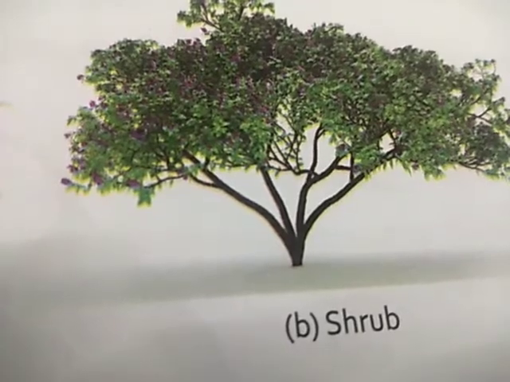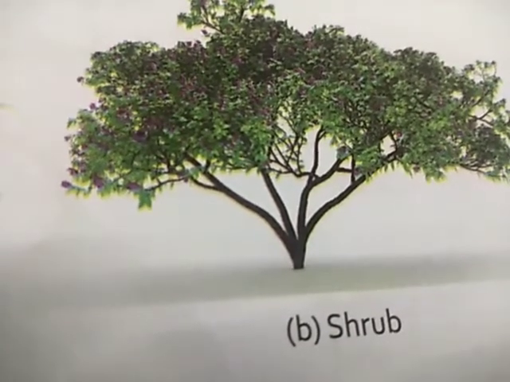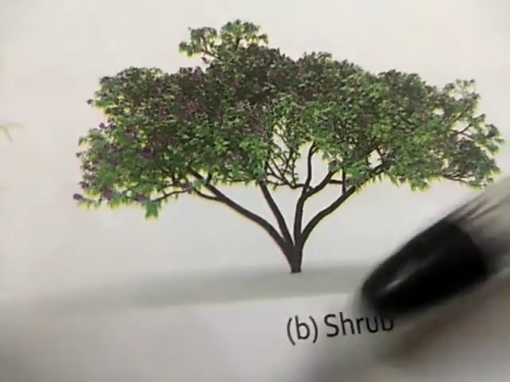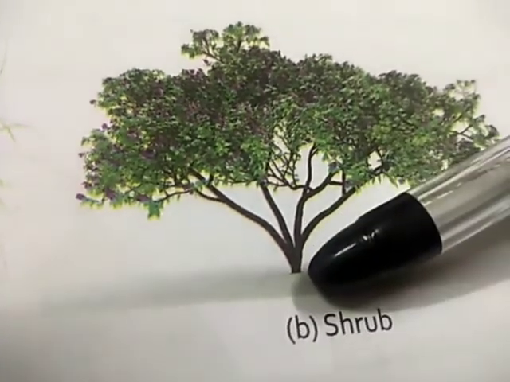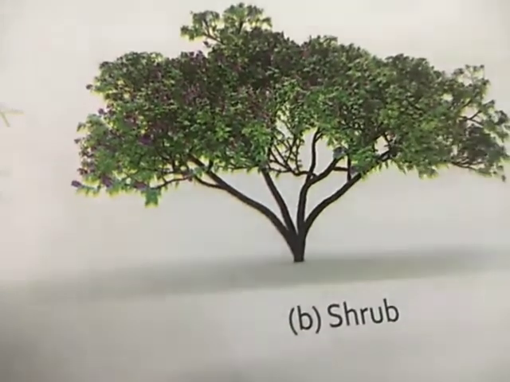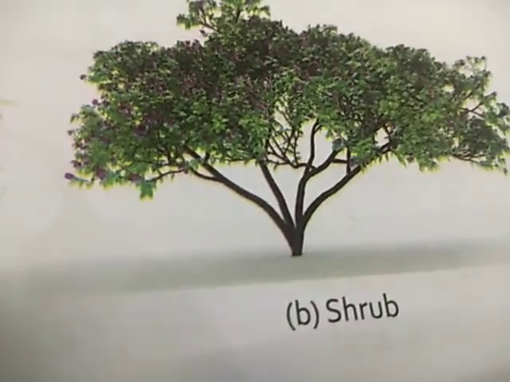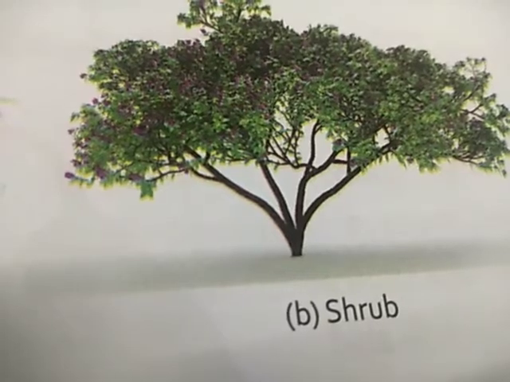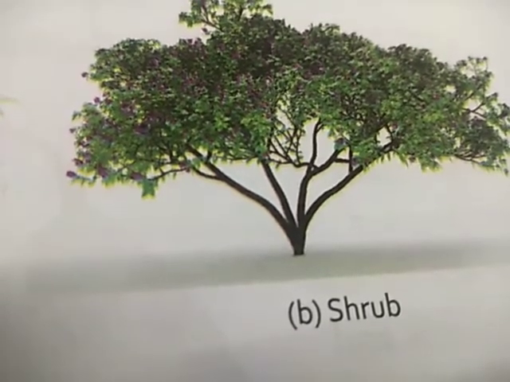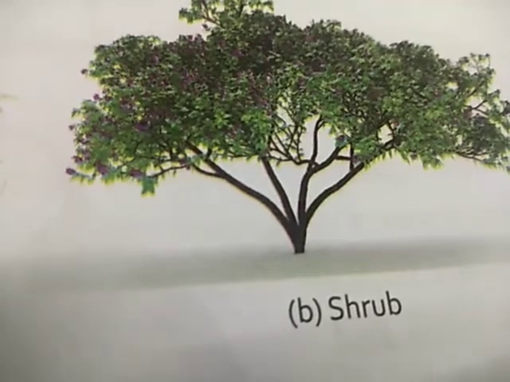Usually, their branches arise from the base of the stem. You can see from here only the branches start. Those are the shrubs. What examples have you seen? The rose plant you have seen is nothing but a shrub. Even hibiscus are shrubs.